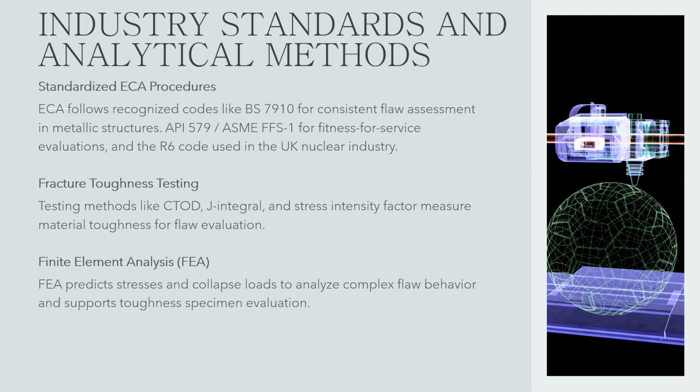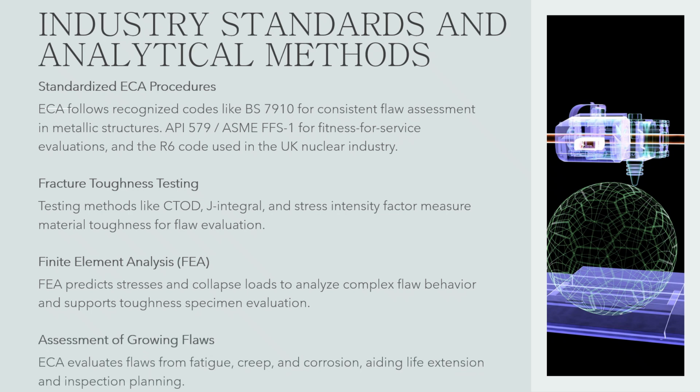FEA also helps determine whether lower constrained specimen can be used for toughness measurements. In addition to static flaws, ECA can assess growing flaws caused by fatigue, creep, or stress corrosion, enabling life extension and safe inspection planning. These standardized approaches ensure that ECA remains a robust and adaptable tool across various engineering sectors.